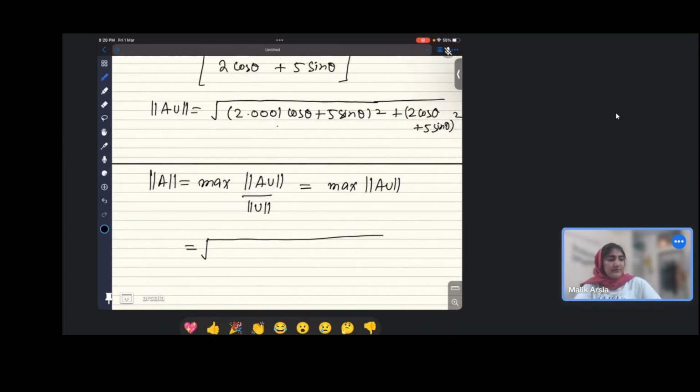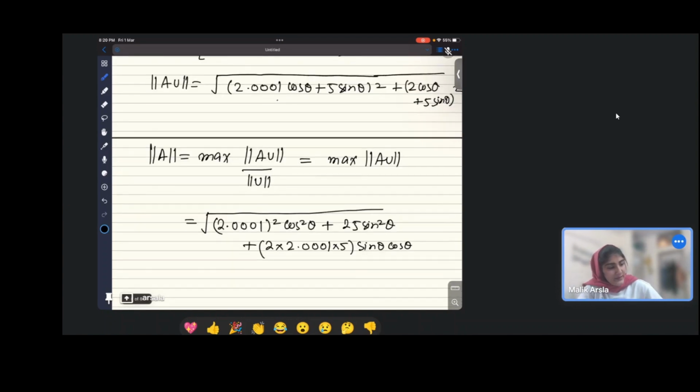This is (a plus b) whole square, so it will be 2.0001 square cos square theta plus 25 sine square theta plus 2 into 2.0001 into 5 sine theta cos theta.